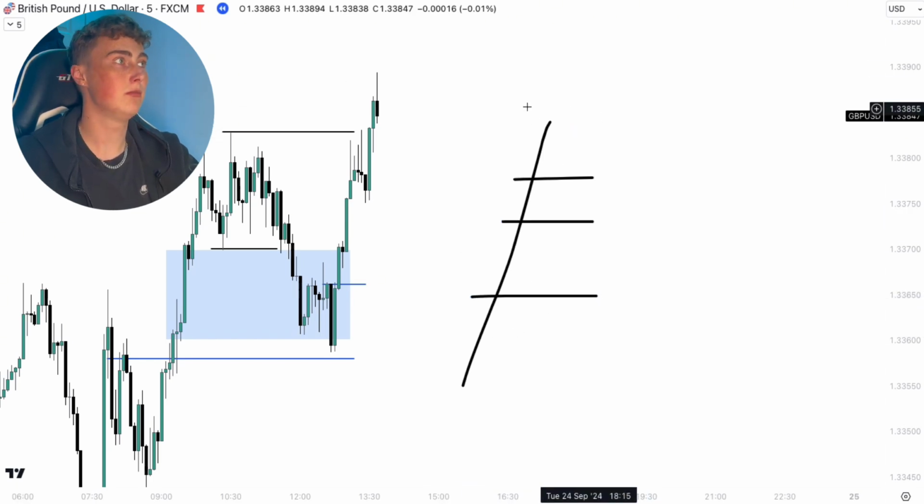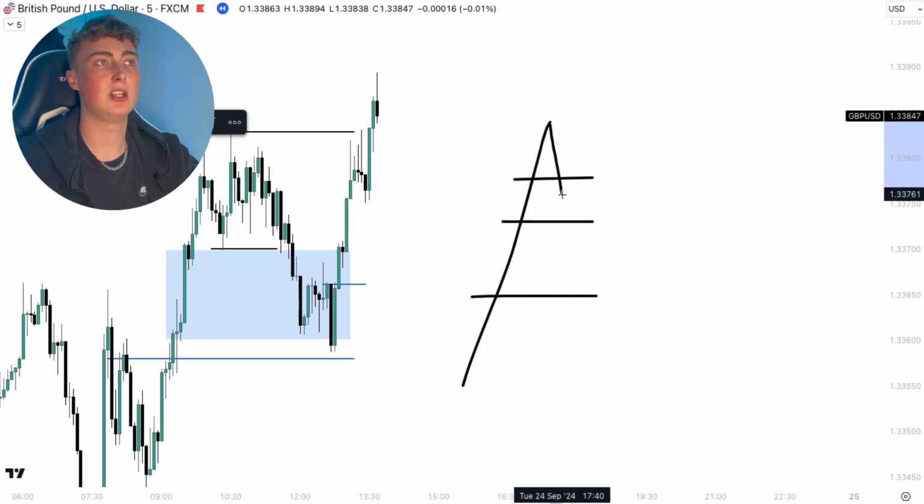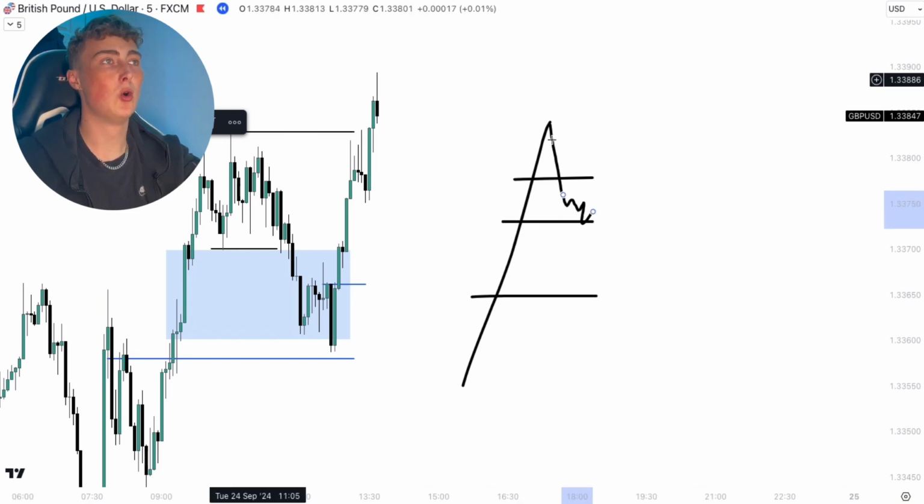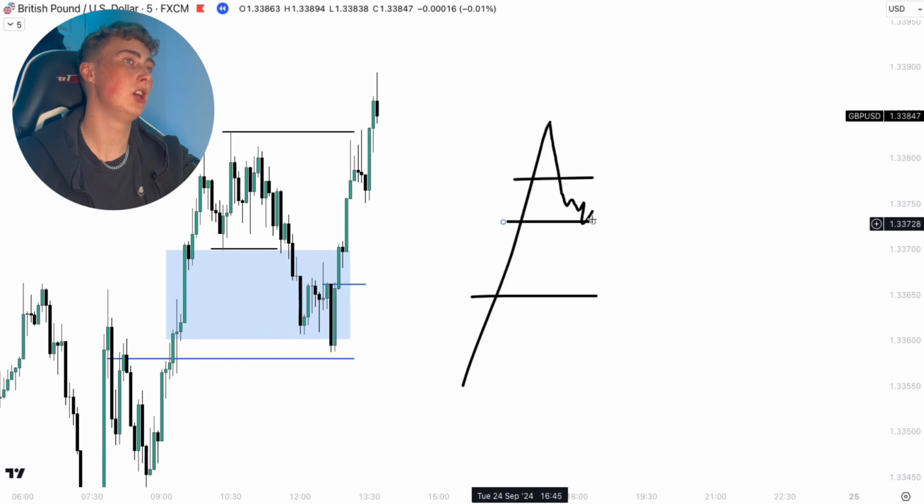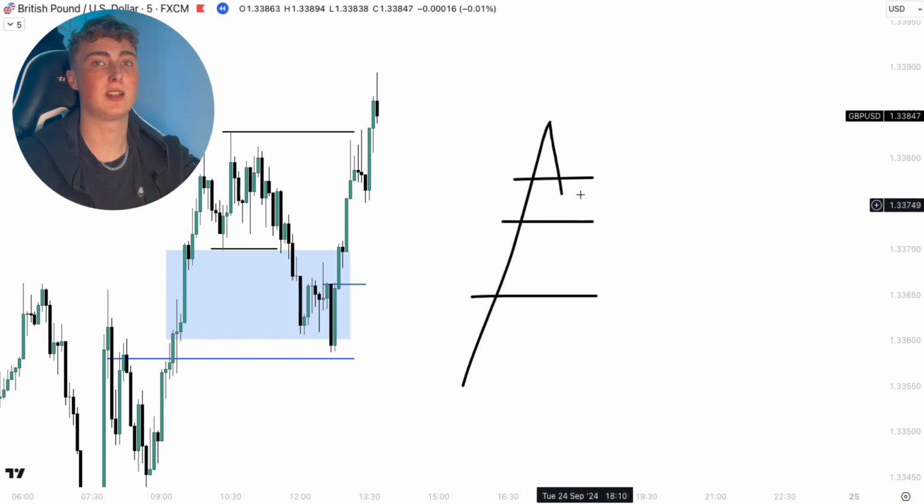If you are stubborn, right, and you're expecting price to play within this FVG, then regardless of what price looks like within that FVG, you're going to force it, right? If price presents something that vaguely looks like your model, right, but you know that it's not really A plus, but you're hell bent on it being this zone, you're going to take a loss, right? You're going to make a mistake.